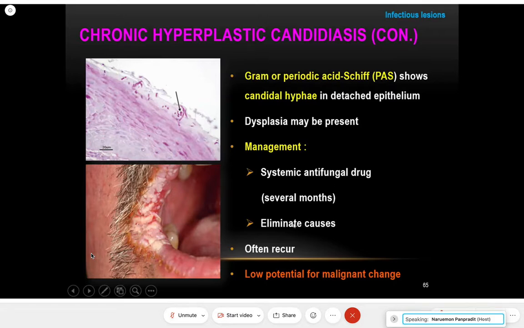They need a systemic antifungal drug for several months. Similar to other candidiasis, you need to eliminate the cause, like the denture or other causes in the patient, to prevent recurrence. This lesion also often recurs. Even though it has potential for malignant change, it is low potential.